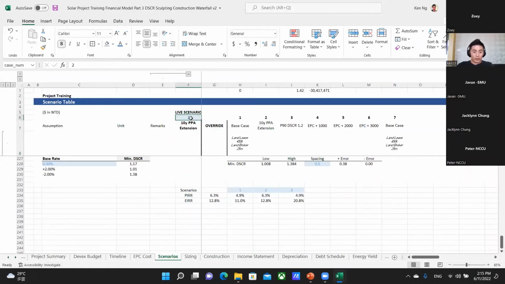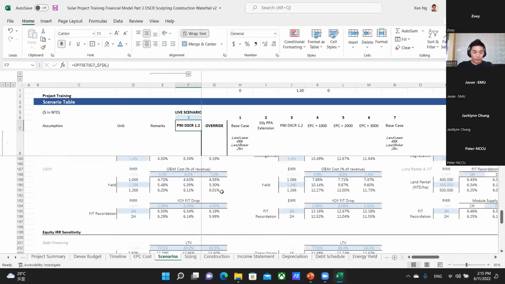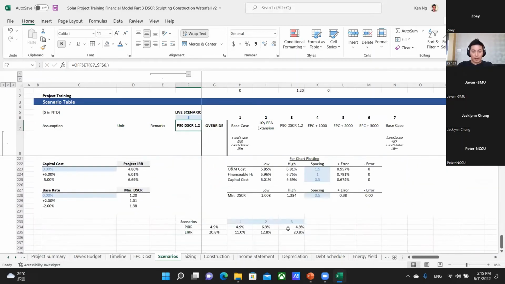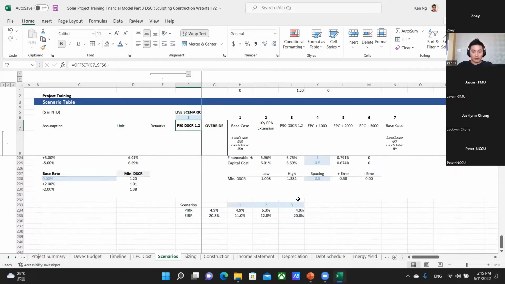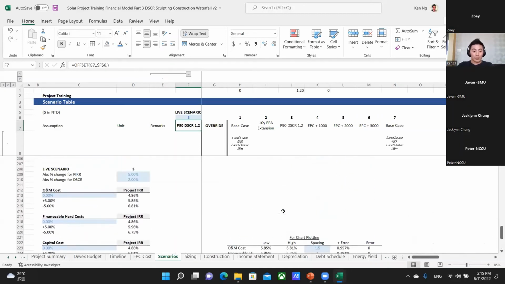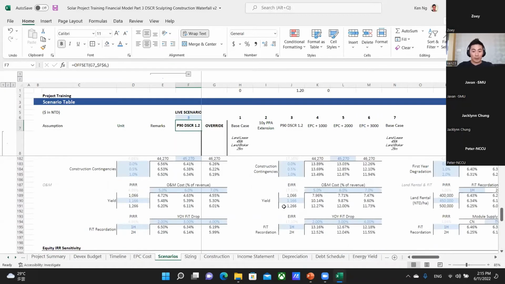If you change this to a 3, it's 4.9 and 20.8, right? And that is the same output under scenario 3 over here. So that's the beauty of data tables, in that you're able to output results for multiple scenarios all at the same time, right? And it's also a great way of sanity checking your outputs.